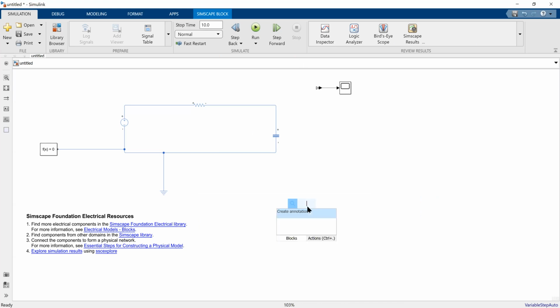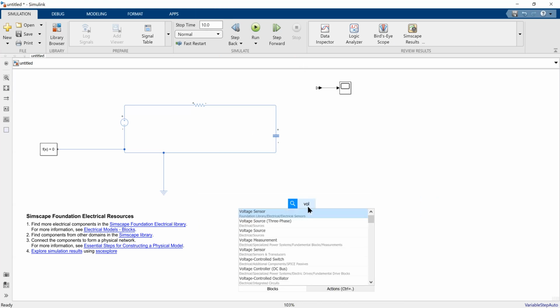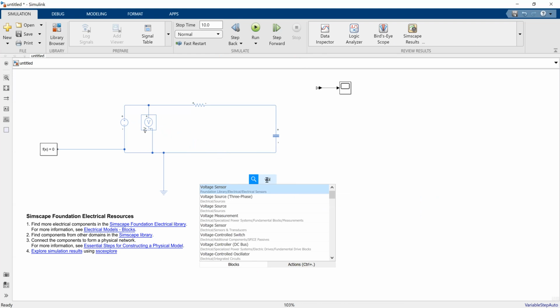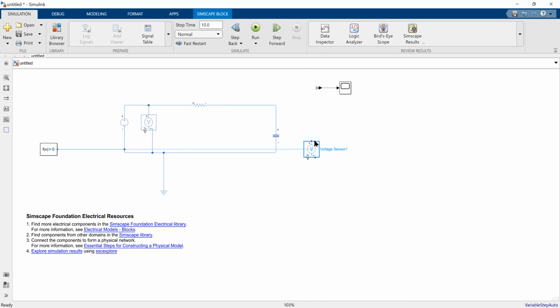Okay, now I'm going to use components that you don't need to worry about. I'm going to use a voltage sensor to measure the input voltage. So this is our input. And I'm going to use a voltage sensor to measure the output voltage, because our output is across this capacitor.